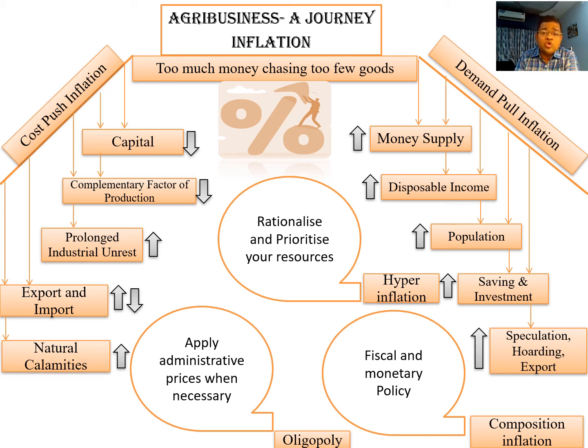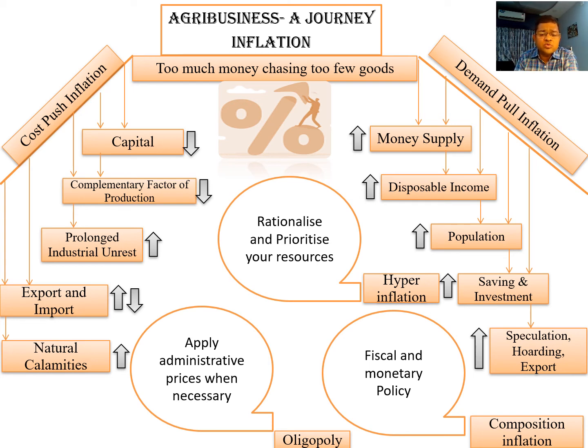One category is oligopoly. Many times you see there is not much increase in aggregate demand, but there is a cartel system, an informal group system, or very few players who supply a particular commodity. You know that petrol, diesel and fertilizer are handled by very few players, very few suppliers. According to their wish, they increase the price of the product.